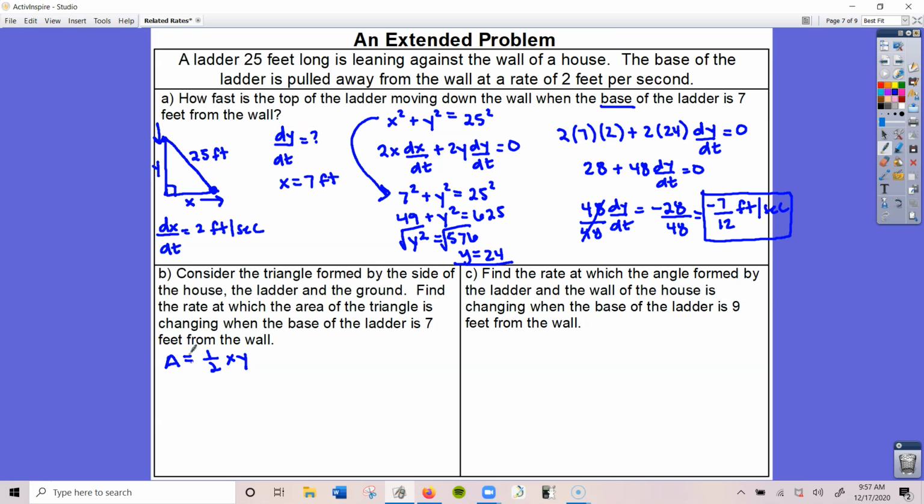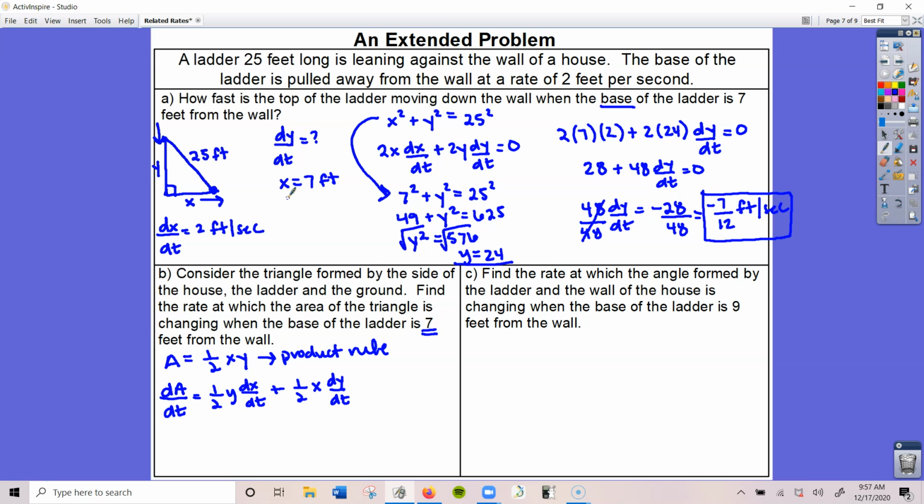So we can just find the derivative by using the product rule, because x and y would be a product. So dA/dt is going to equal 1/2 y dx/dt plus 1/2 x dy/dt. Again, I have all of these values because it's when the base of the ladder is 7 feet from the wall.